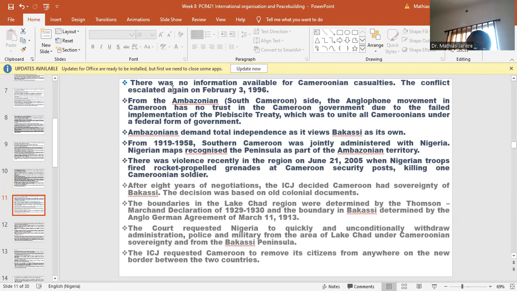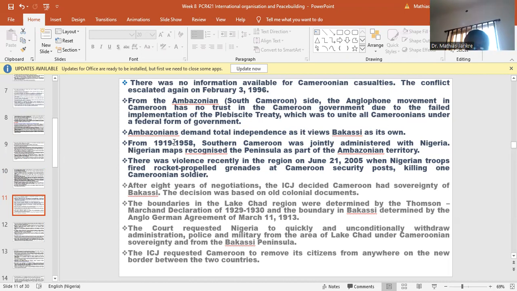The conflict escalated again on February 3rd, 1996. From the Ambazonian Southern Cameroons side, the Anglophone movement in Cameroon has no trust in the Cameroon government due to the failed implementation of a plebiscite treaty, which was to unite all Cameroonians under a federal form of government. The Ambazonians demand total independence as they view Bakassi as their own.